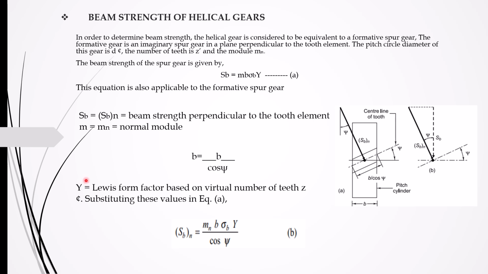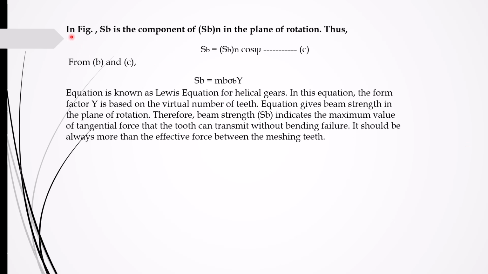Then substituting the value in equation A, we get SBN = mn b σb y divided by cos psi, which we represent by B. Then in the figure, SB is the component of SBN in the plane of rotation. Thus SB becomes SBN cos psi, and from B and C we get SB = mn b σb y.